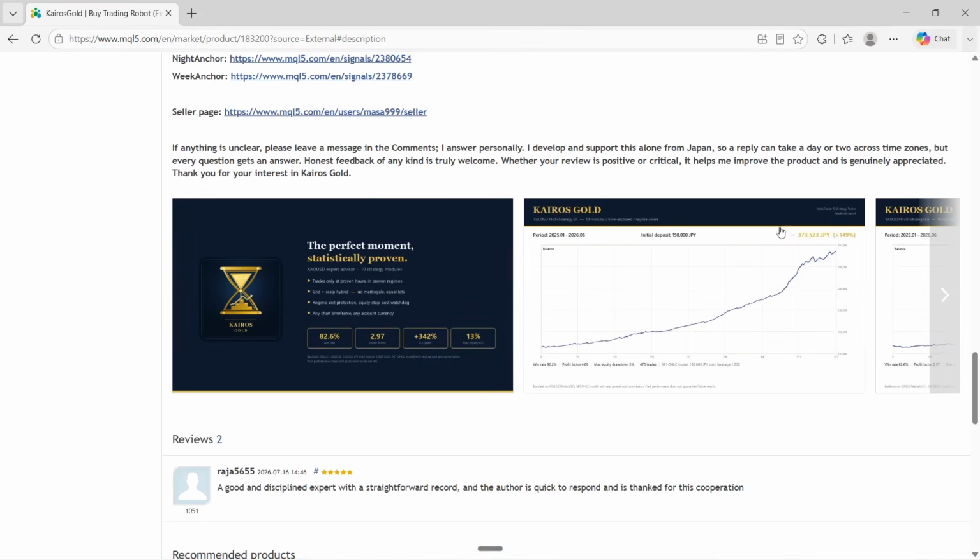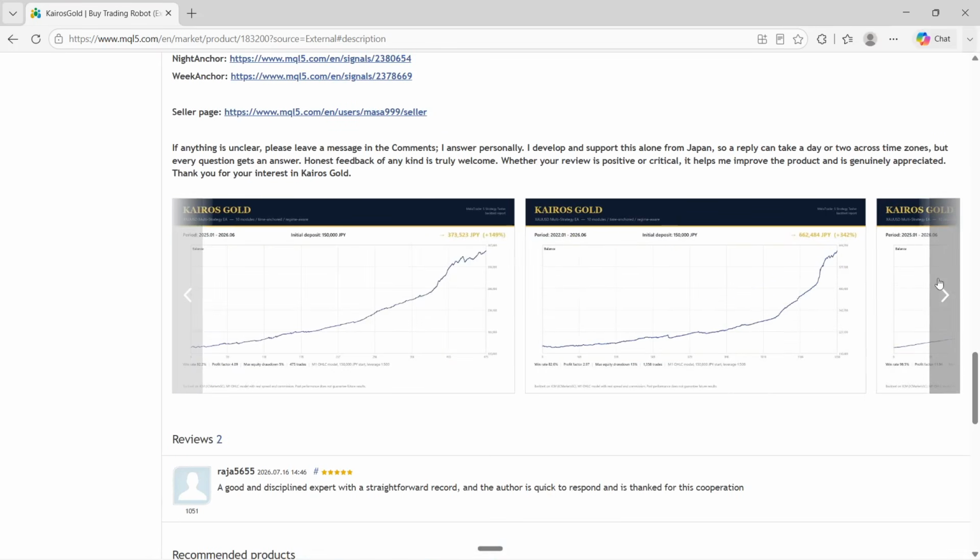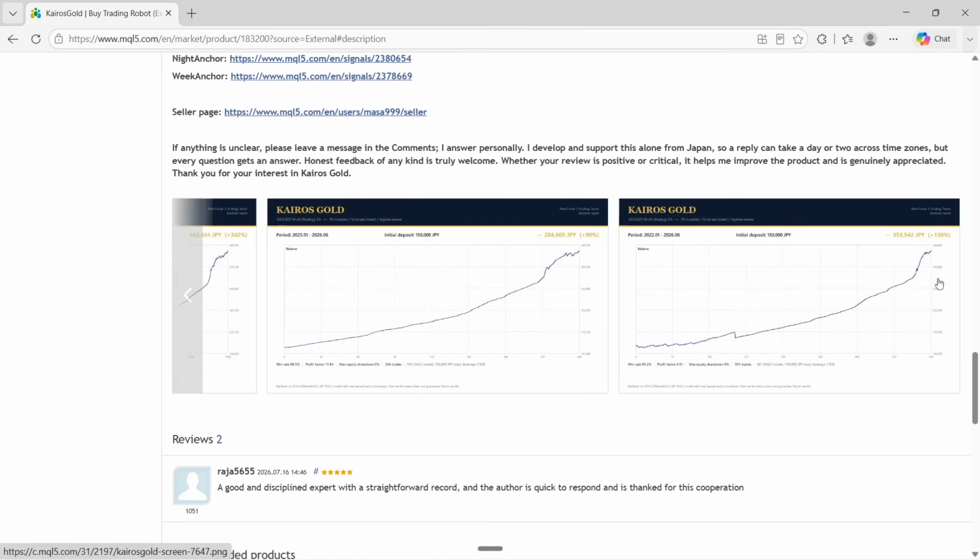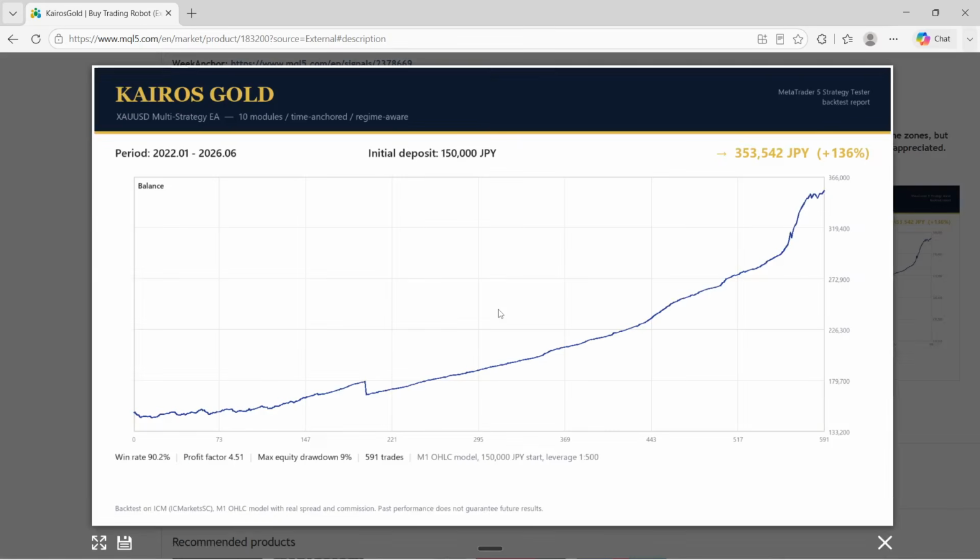Alright, let's take a look at some of the screenshots here on the site. You can see there are some equity curves presented. Let's take a look at this. So you can see this one is for a period of 4 years from 2022 to 2026 and for an initial deposit of 150,000 JPY.